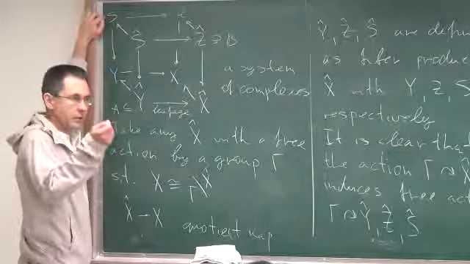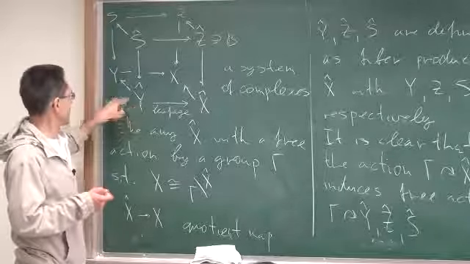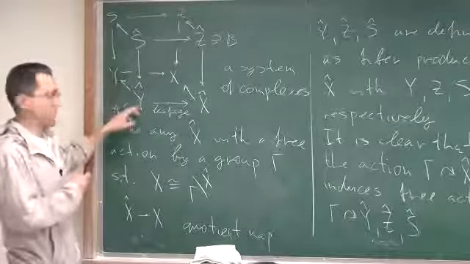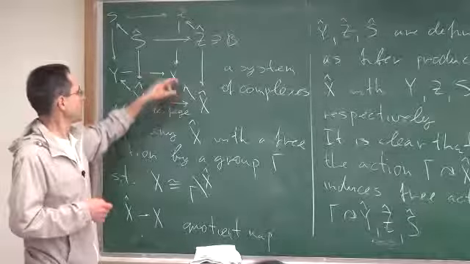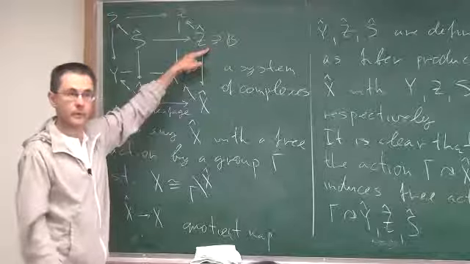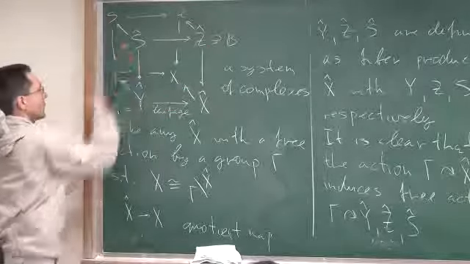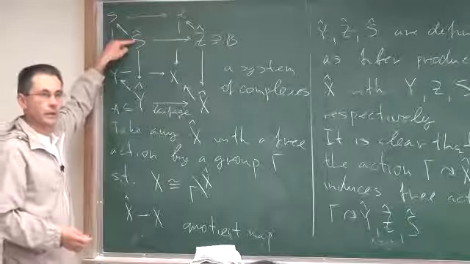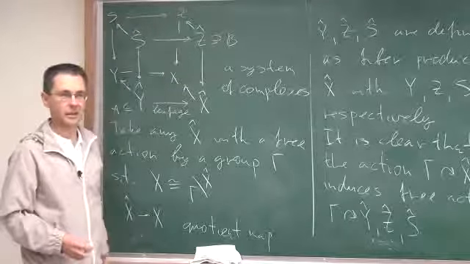Each element in that orbit will also be, but we did the same thing for Y. Each edge in Y we represented by the whole orbit in here. Each edge in Z, the preimage of that in here is the whole orbit of edges. So on those orbits, you pick just one element in that orbit. That corresponds to a pair: one element in this orbit here and one element in this orbit here.